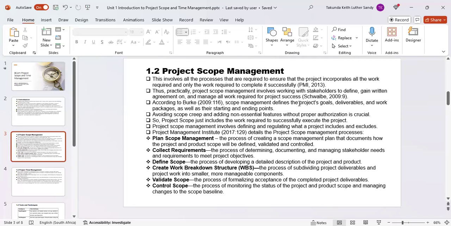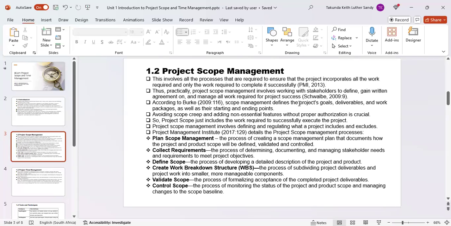And then for this scope management process, there are processes that are followed. Whenever you're managing scope, there are processes that you follow. The first process is what is called plan scope management, whereby you plan the things that you are going to include in your project, and the things that you are not going to include in your project.